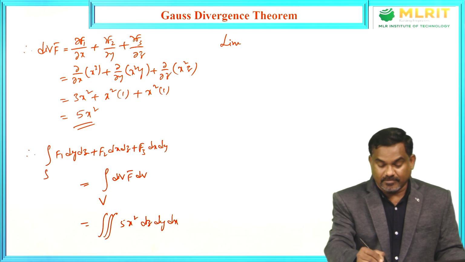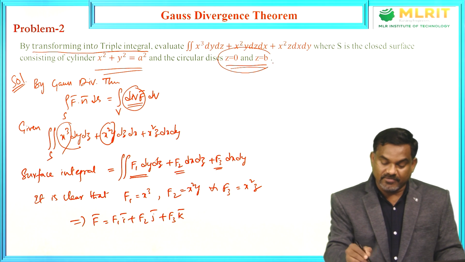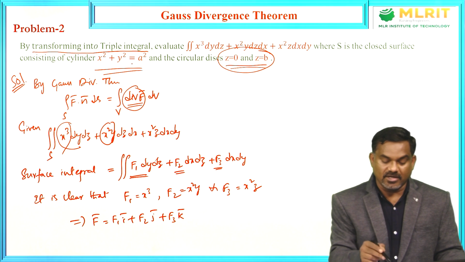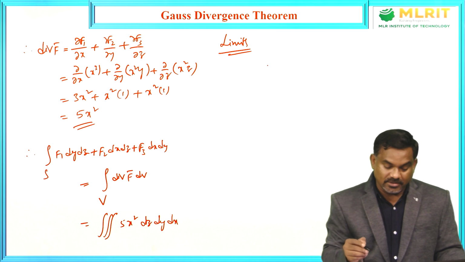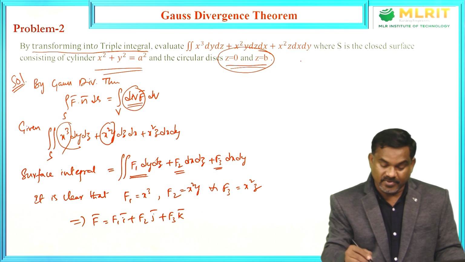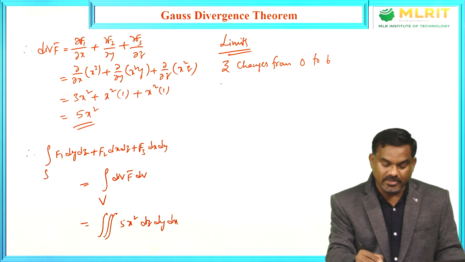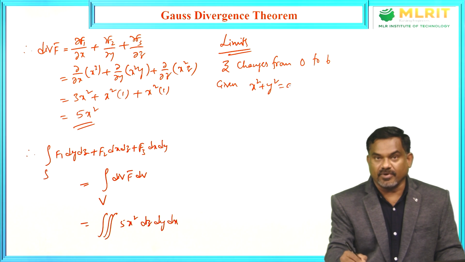Now the limits. To find the limits, use the given data. S is the closed surface consisting of the cylinder and the circular discs Z equal to 0, Z equal to b. That denotes Z changes from 0 to b. And it is also given the cylinder x square plus y square is equal to a square.